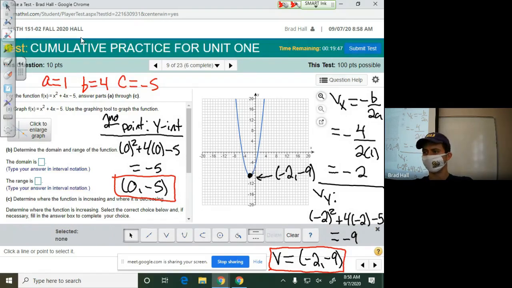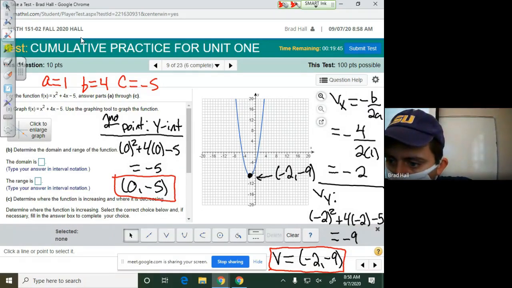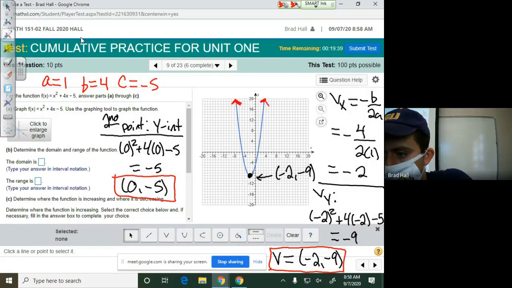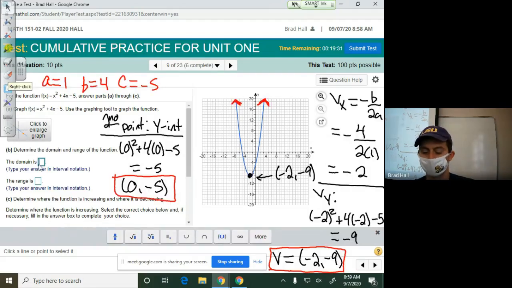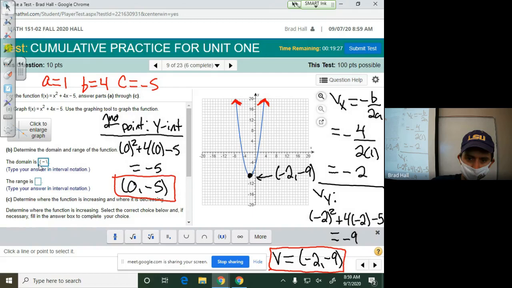The domain is how far to the left we can go versus how far to the right we can go. We get arrows on both sides. And as I explained in the video, for quadratic functions, you will always get, for the domain, all real numbers.